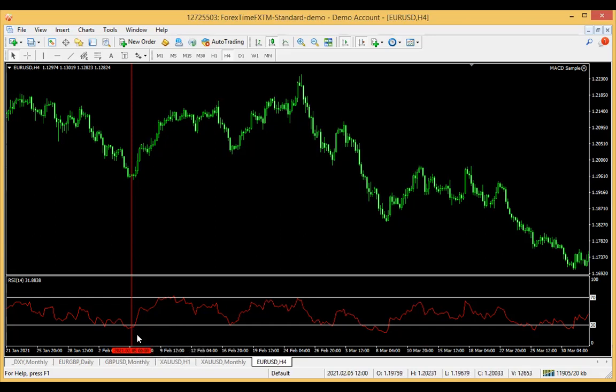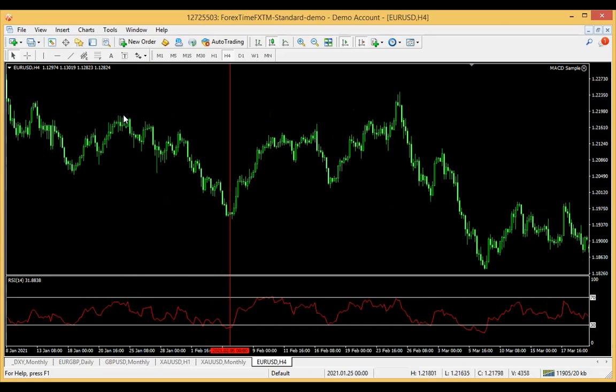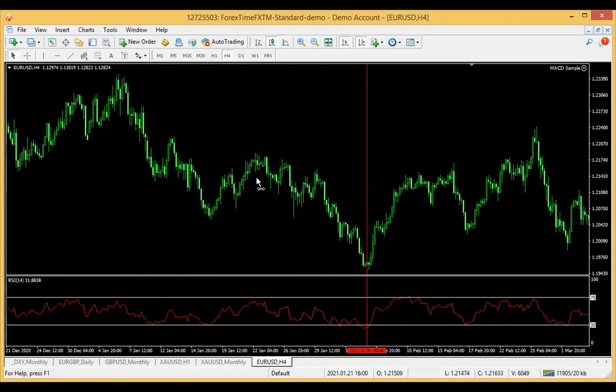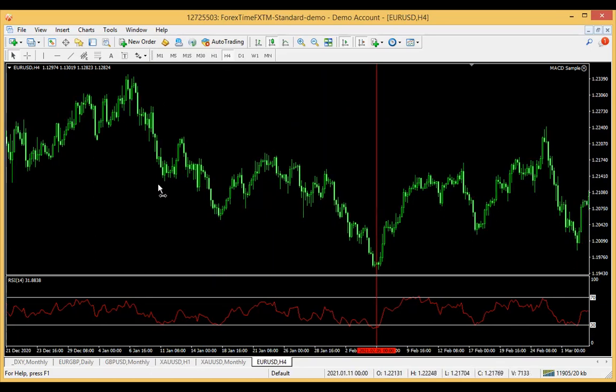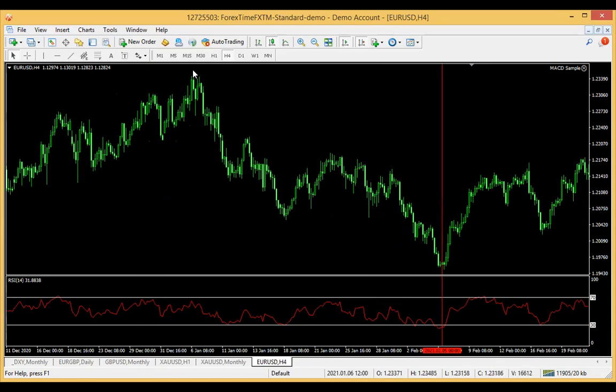Sometimes it goes below that, but as a wise trader, once you have been selling all this while from here, look at this. You see, this is where the market started to sell. Did you see that?